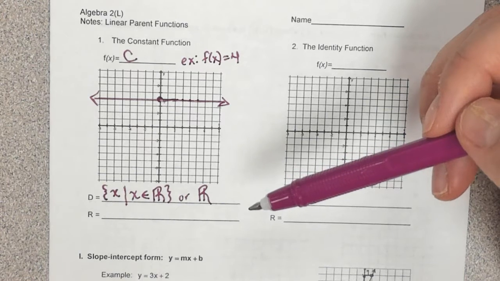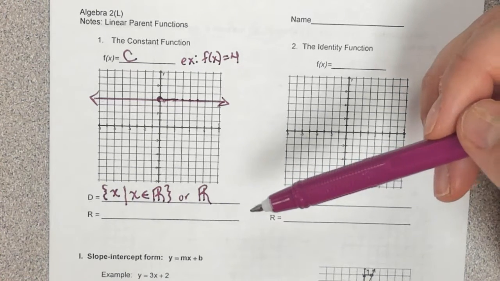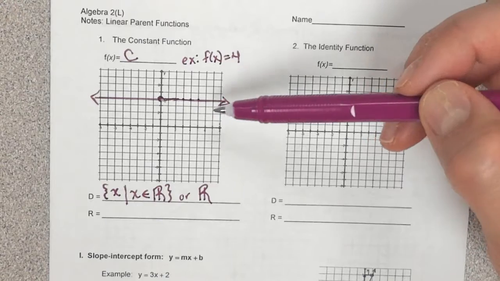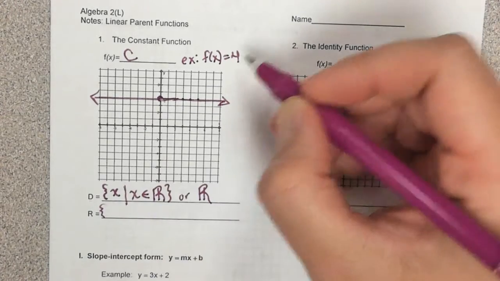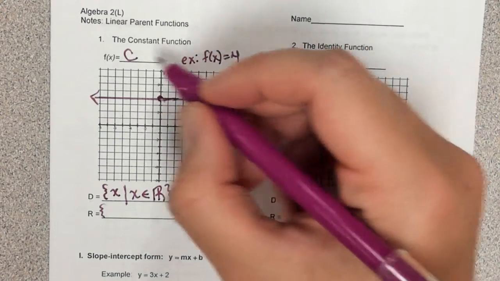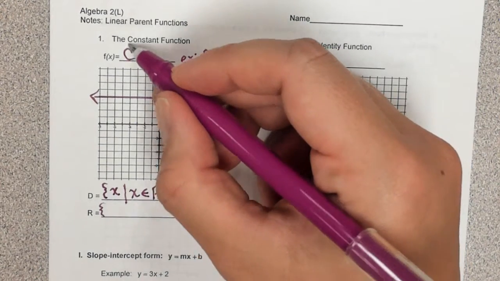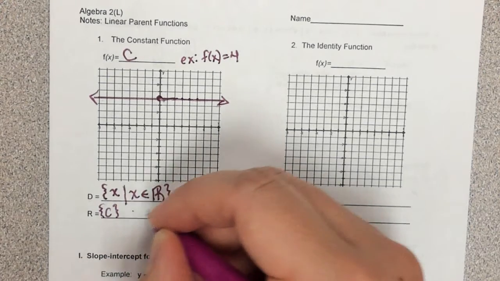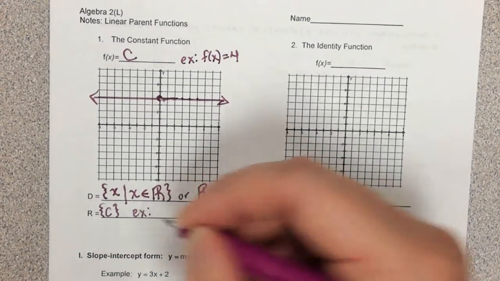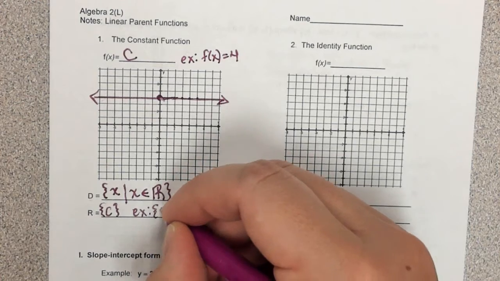Yeah, what is it? 4. So no matter what, y is just 4 in this example. Generally speaking, I just made up 4 as an example, but it would just be whatever c was. So our range would just be c. But for this specific example, it would be 4.